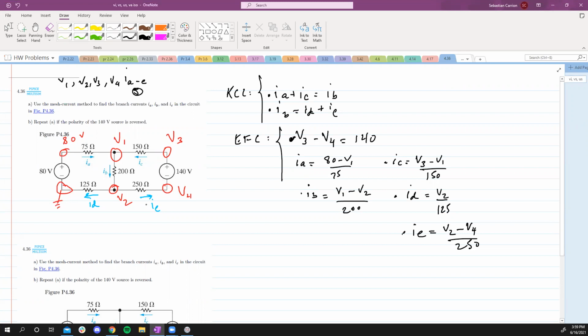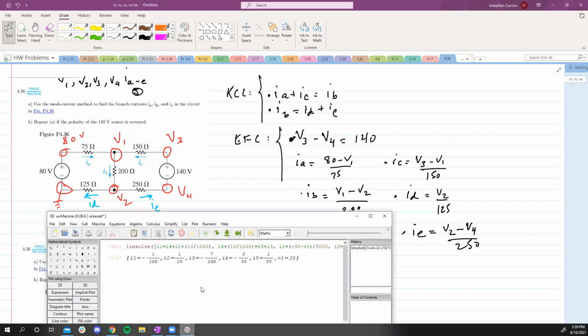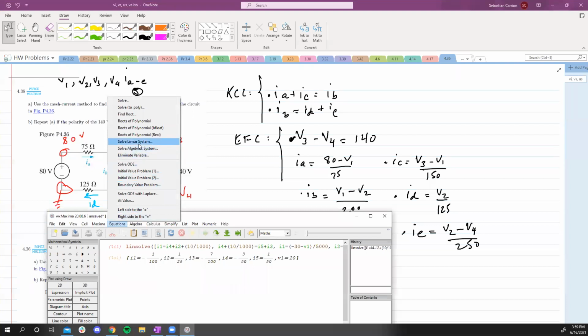And we know ID and IE equal IA and IC. So let's go ahead and plug this into Maxima.